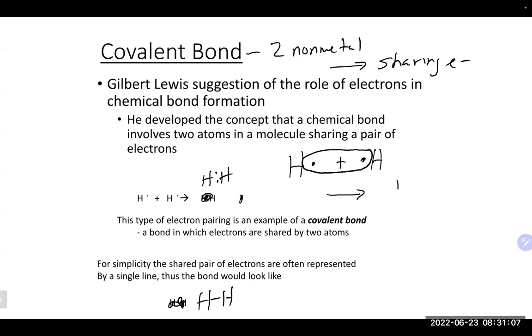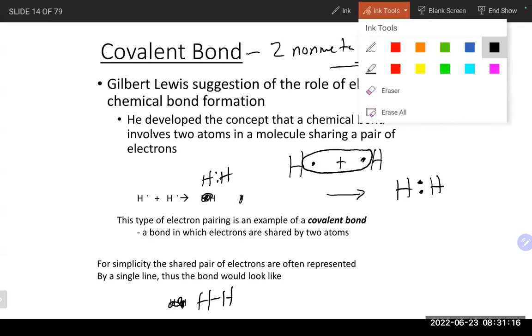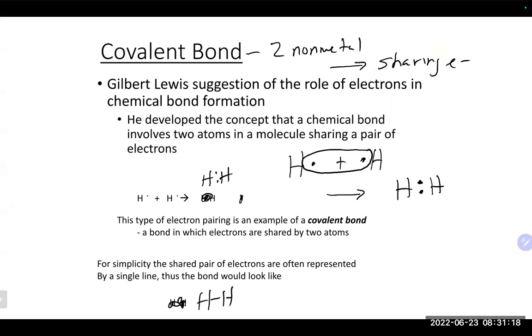The result of that is we will get a bond that occurs between the two hydrogens, where the electrons that are between them, which are represented in this case by dots, do count for each hydrogen. So the hydrogen on the left would count the two electrons there for itself.